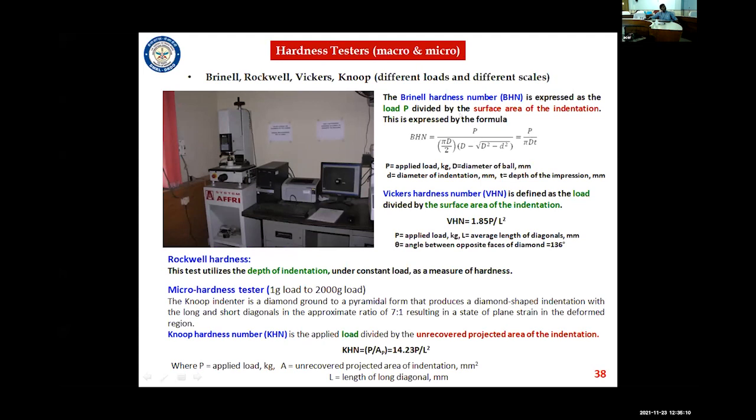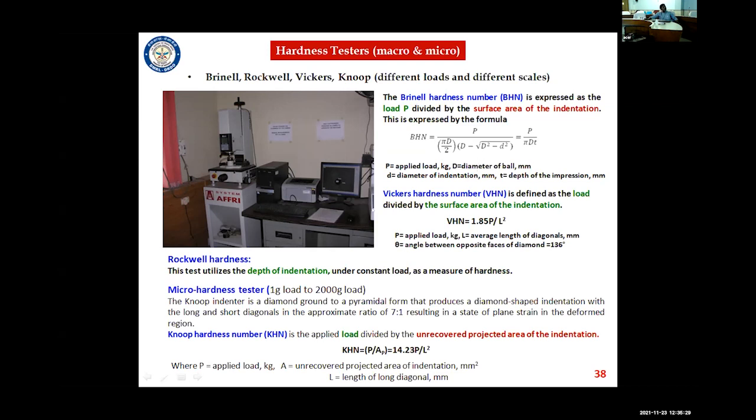This is the load divided by the surface area of indentation, where P is the applied load in kg, capital D is the diameter of the ball, and small d is the diameter of the indentation. By knowing all this, you can measure the Brinell hardness number of that particular material.